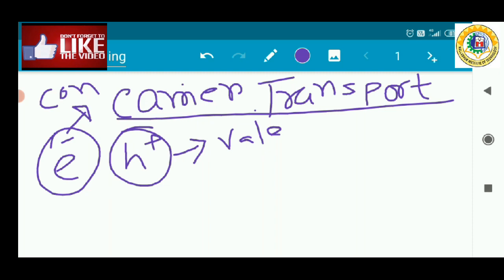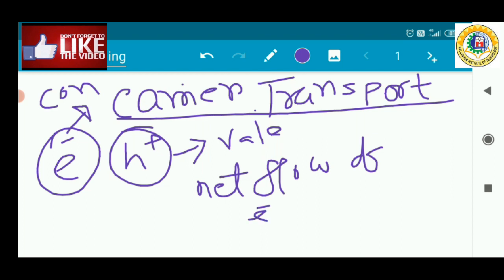Now the knowledge of these densities of the charged particles is important towards the understanding of the electrical properties of a semiconductor material. Why is it important? Because the net flow of carriers, that is, electrons and holes, ultimately determines the current inside the semiconductor.